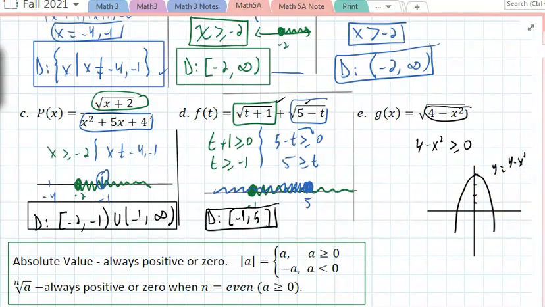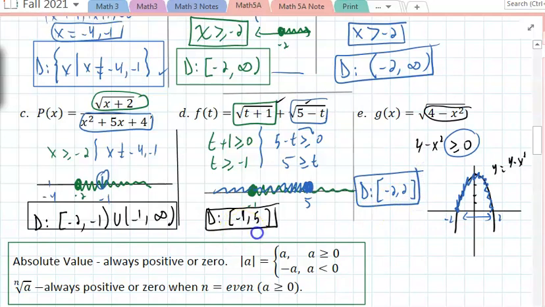When you say you want it to be bigger than or equal to 0, you're saying x has to be between negative 2 and 2. Again, I'll elaborate on that once we look at the graphs of circles.